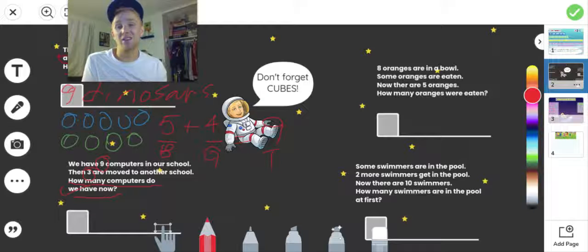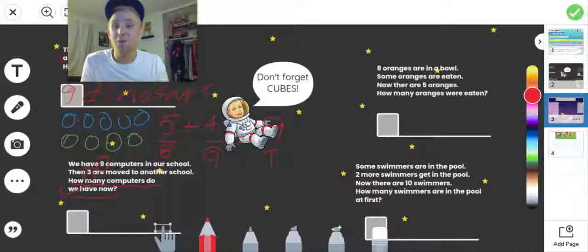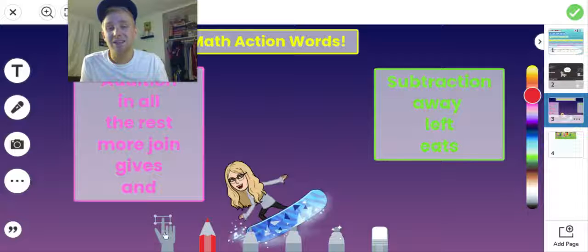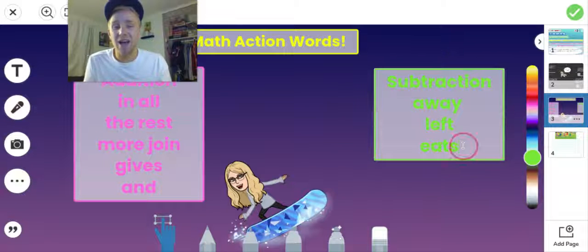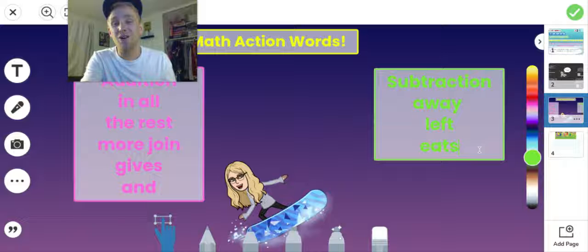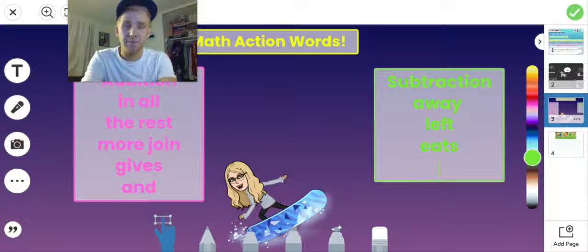They're gone. So that might mean subtraction. I think that does mean subtraction. So before I forget, I'm going to add moves or moved to my subtraction list. That way I have that math action word ready to go next time I come to it.